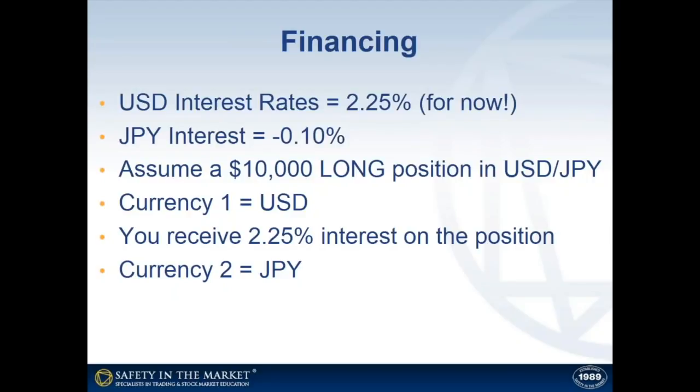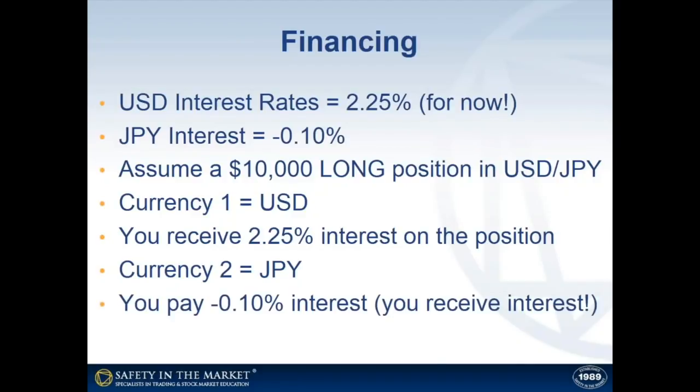So if we're taking a long position, we're buying currency one, the US dollar, so we receive interest on those US dollars. Currency two is the yen. We're selling the yen, so we're paying interest on that currency. And you'll be paying negative 0.10% interest, which actually means you'll be receiving that interest rate. So 2.25% minus negative 0.1% is equal to 2.35%.